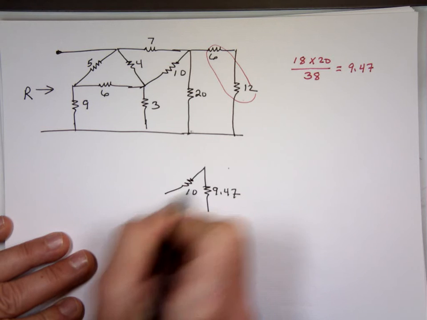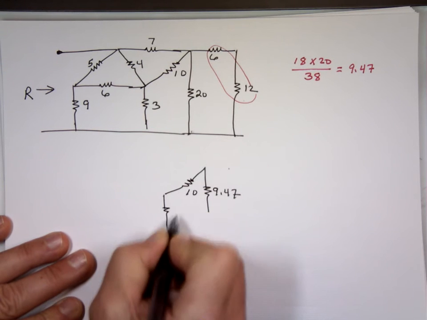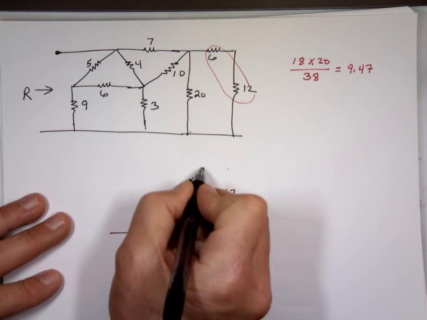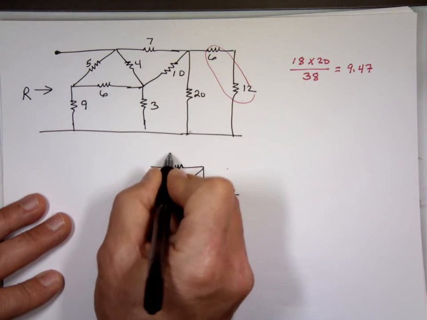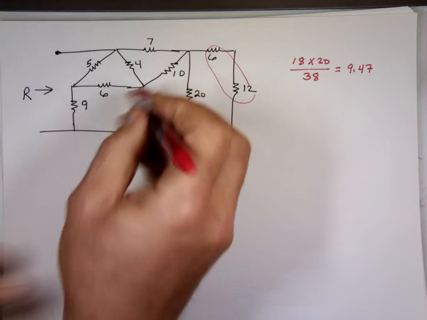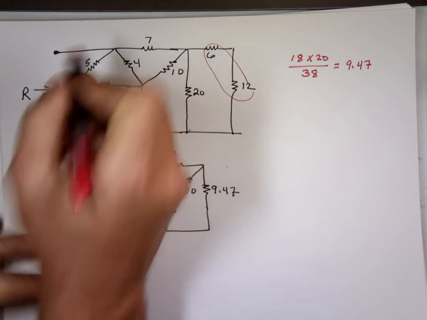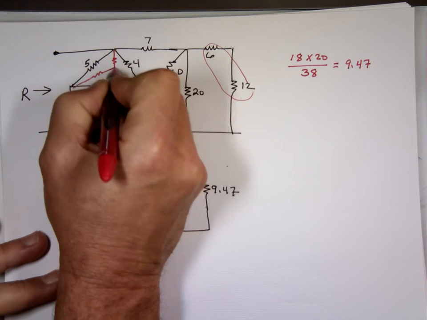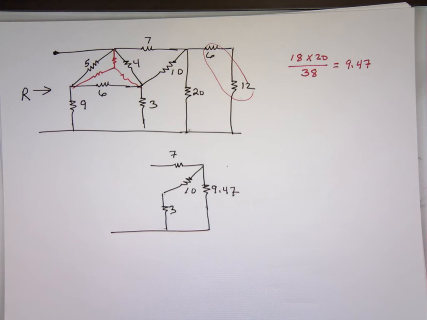10, 3, 7, and maybe what I should do here is take this delta. Would that help me if I replace that with this equivalent? Let's see what will happen.